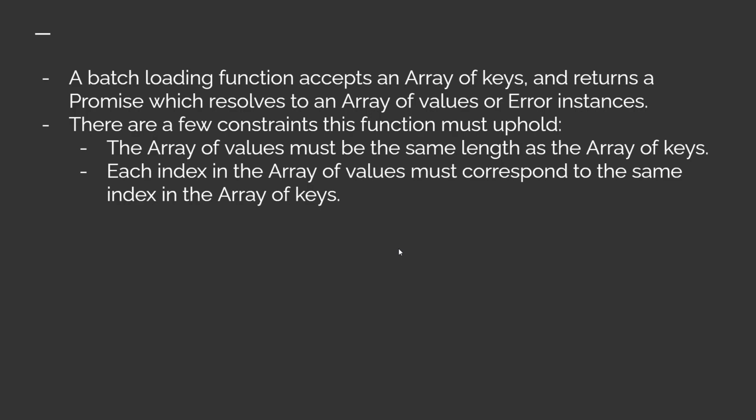Another thing, if you want to build your own batching logic, keep in mind: this batching function gave me an array of resolved values, so where do I pass each object to, which resolver does it go to? This is done by the fact that each index in the array of values must correspond to the same index in the array of keys.